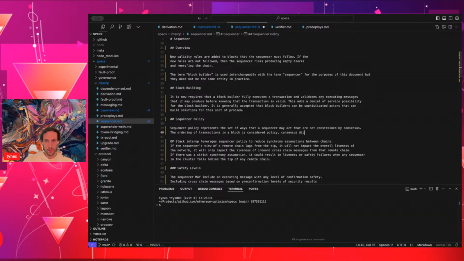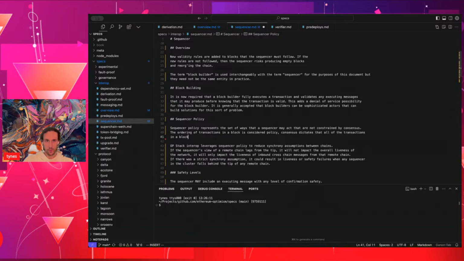Consensus dictates that all of the transactions in a block are valid. I mean, there's an edge case here because the nonces can't be out of order, but okay.